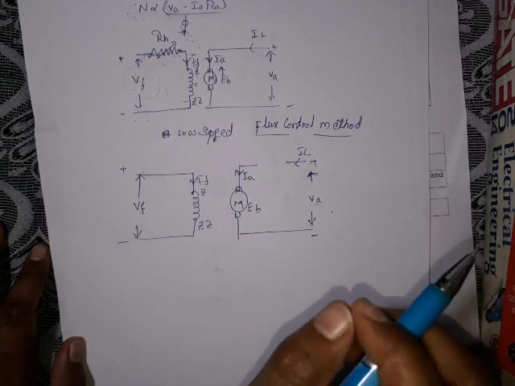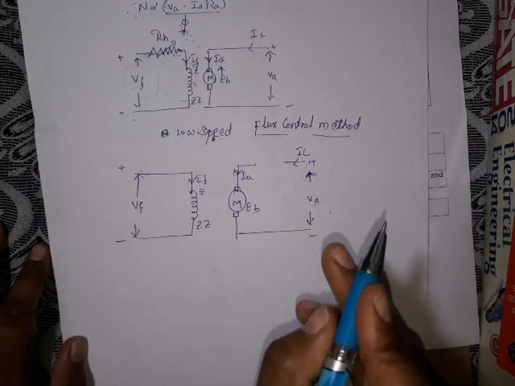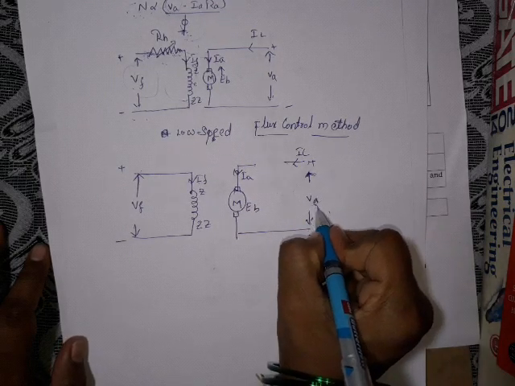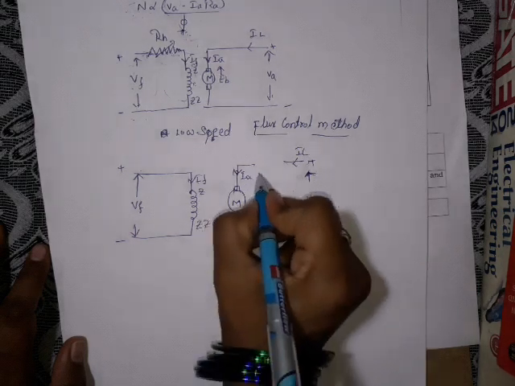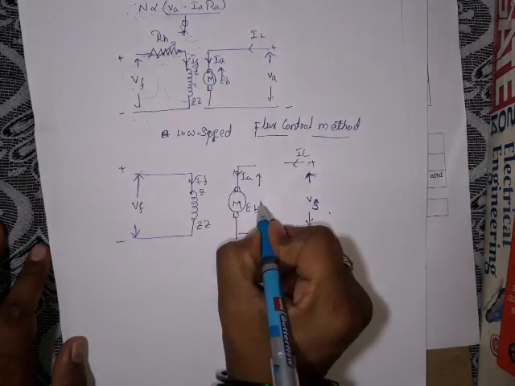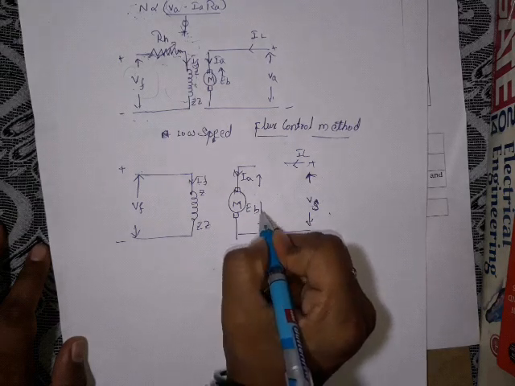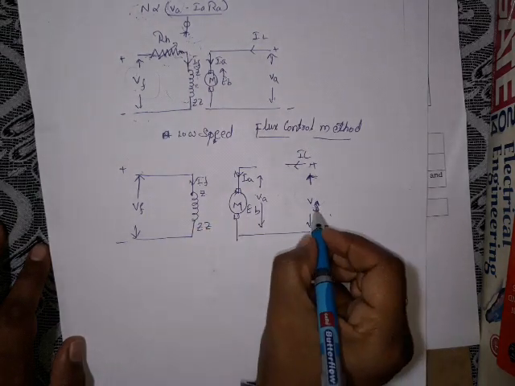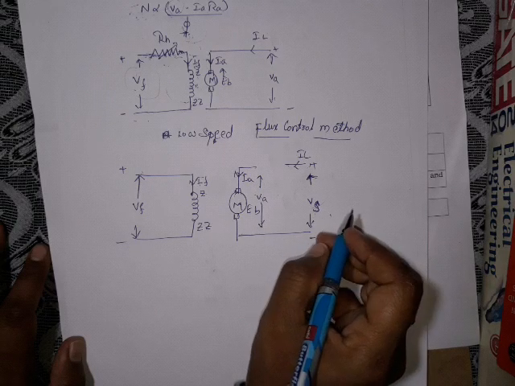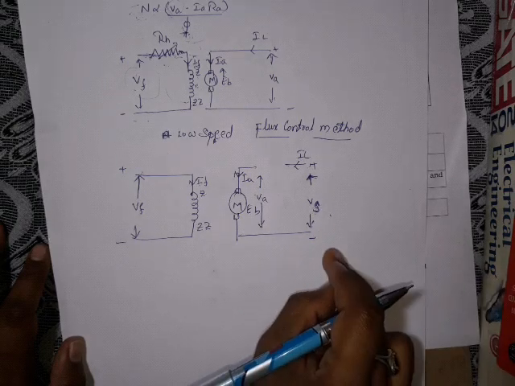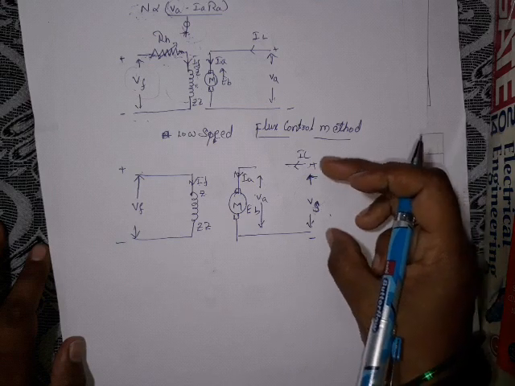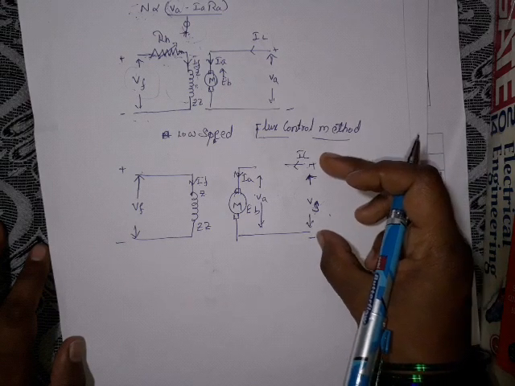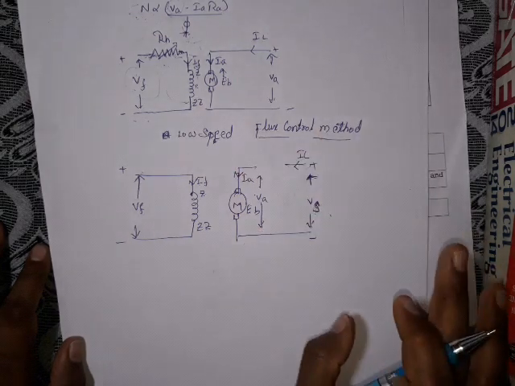Just for the sake of understanding, I am going to consider this as Vs and this voltage as Va. I have taken it as Vs instead of Va because in the previous case, whatever voltage I apply here, the same voltage I have to consider here.